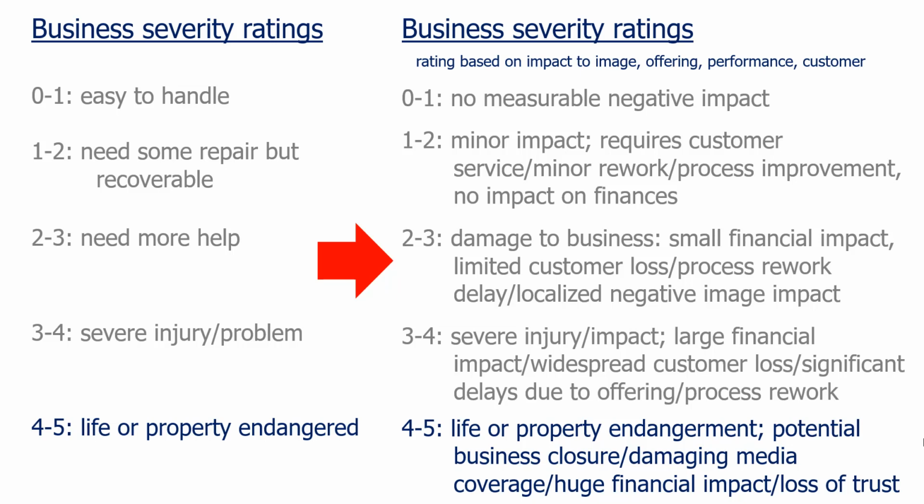If there is no customer loss or financial impact, then perhaps this risk causes delays in shipments to our customers because processes have to be reworked or tested before we can get up and running smoothly again. Or perhaps the risk occurrence has a negative impact on our business image that we now have to fix. Any one of these things showing up would put the risk in the 3rd severity level.